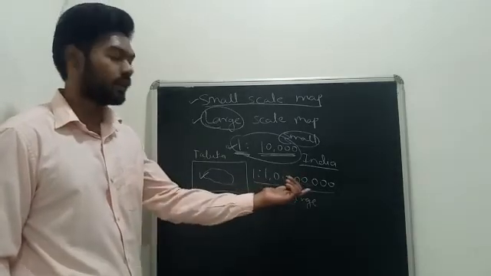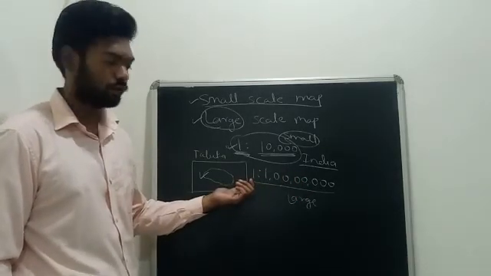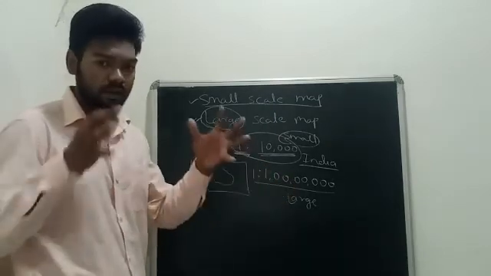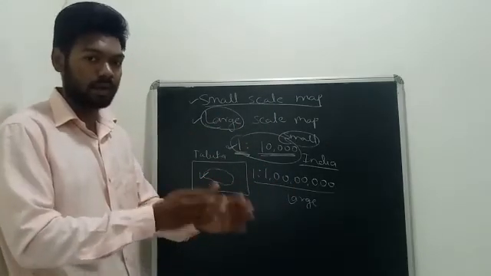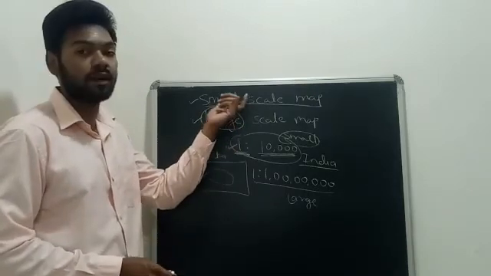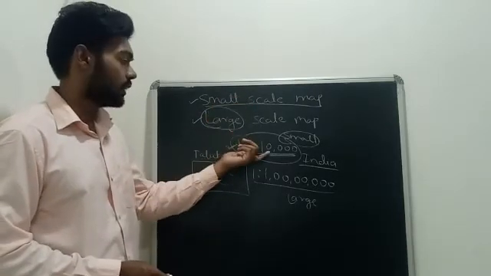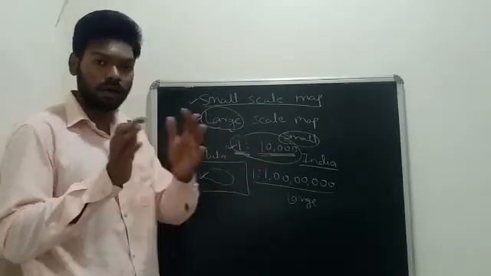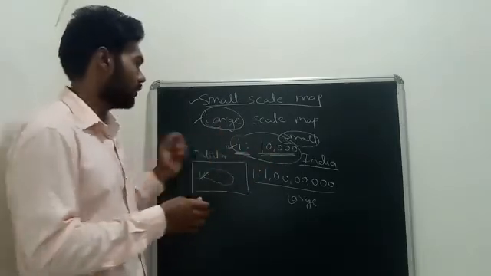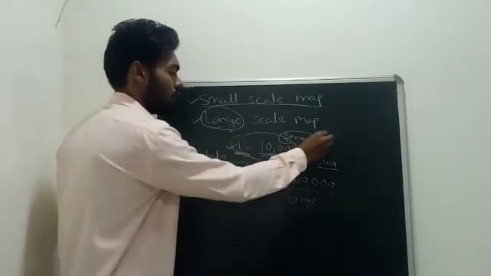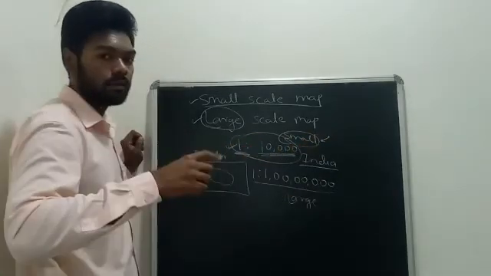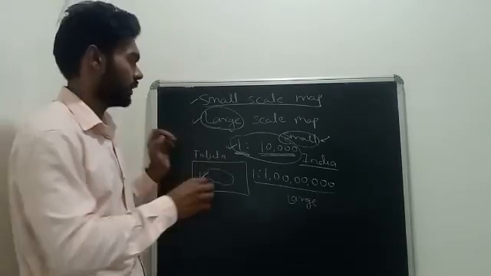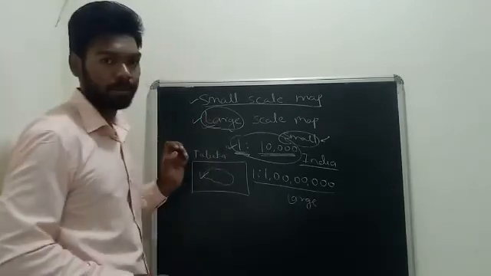A large area is shown in small, so the value is very much higher, but the original is compressed on that paper. That is the reason it is called a small scale map. And here we are showing a small area, and the map scale difference is also not that much. So that is why it is called a large scale map.